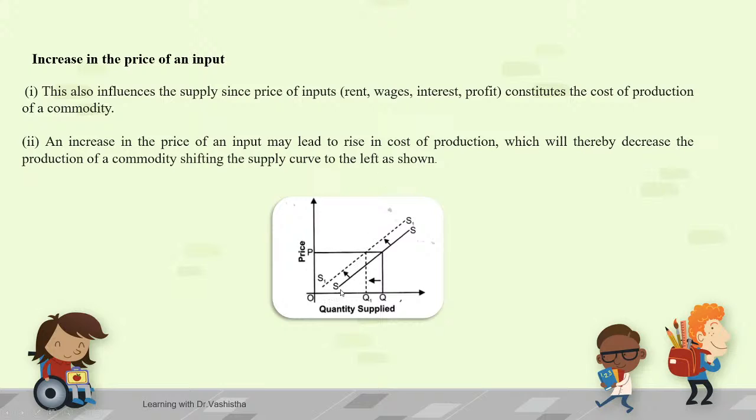So whenever there is an increase in the price of an input, there will be a leftward shift that will shift the old supply curve SS towards the left to S1, affecting the quantity supplied from Q to Q1. So this happens whenever there is an increase in the price of an input.